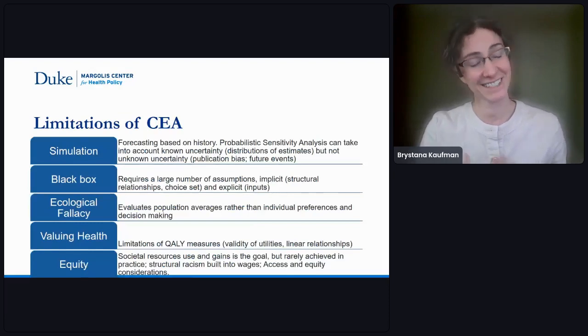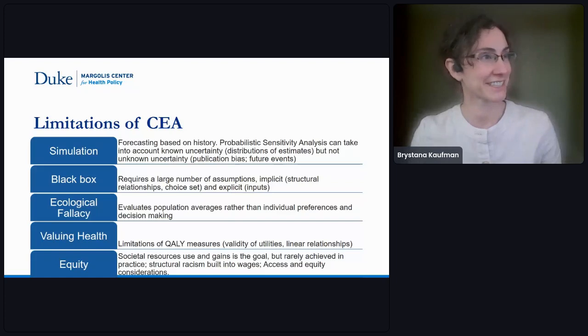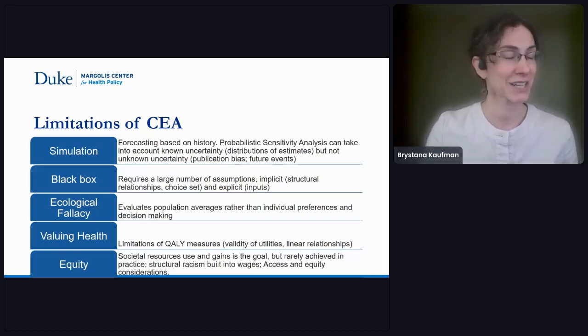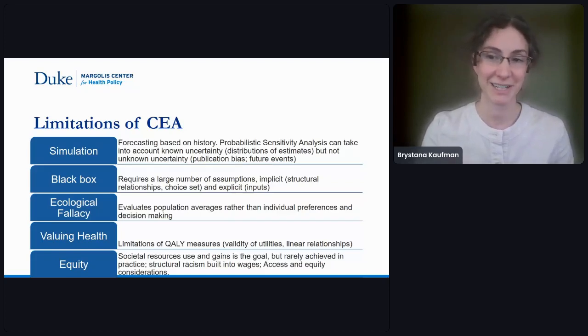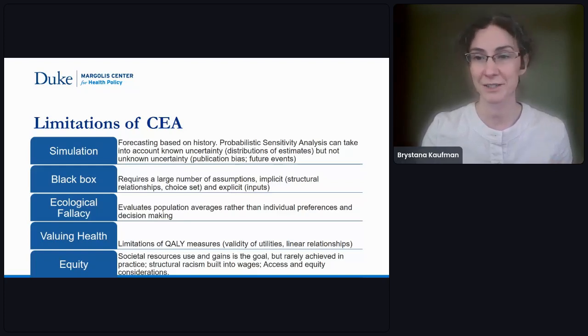So that kind of leads very well into some of the limitations of cost effectiveness analysis. So lack of data, certainly one, and trying to find estimates for those different costs. So a couple other limitations, simulation, we're forecasting based on current knowledge. Things can always change.